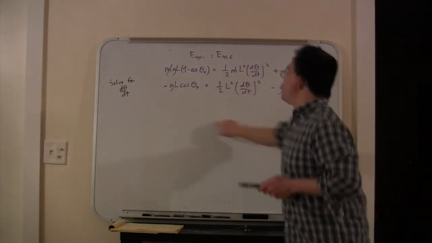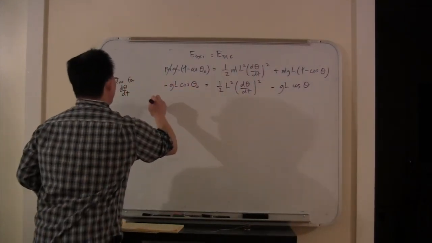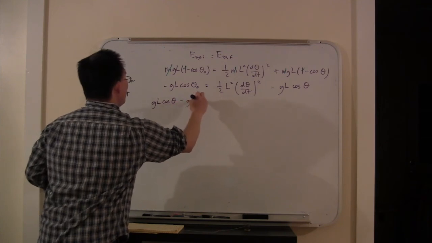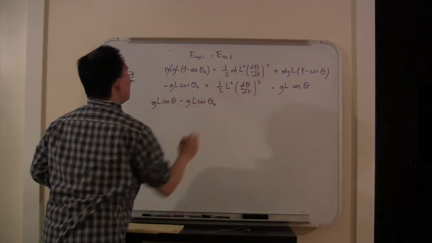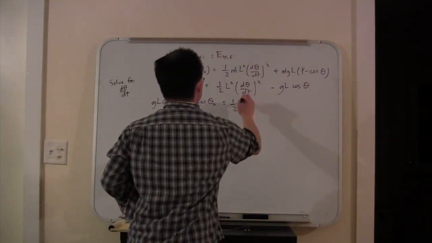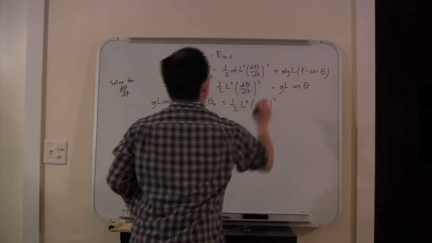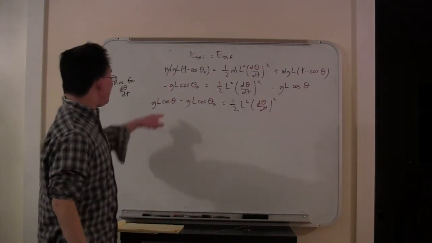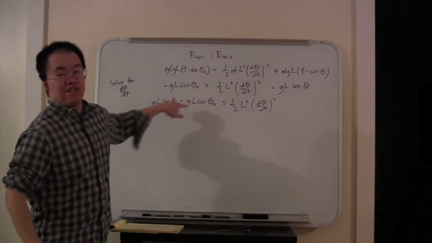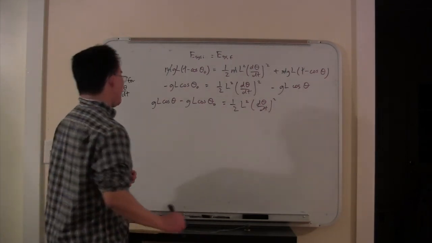So I'm just going to move this over to here. So I get a GL cosine theta minus GL cosine theta naught equals 1/2 L squared d theta dt quantity squared. Look, these are almost the same. There's a common factor of GL in both of these terms. I'll factor that out.